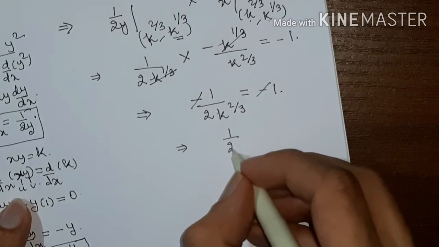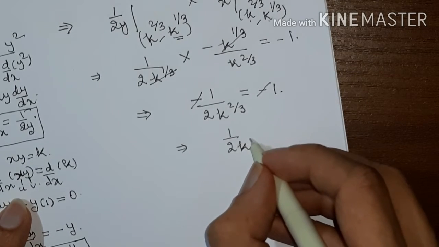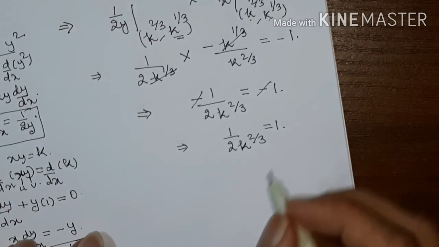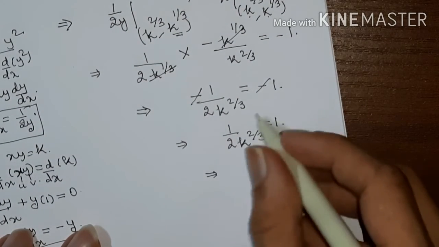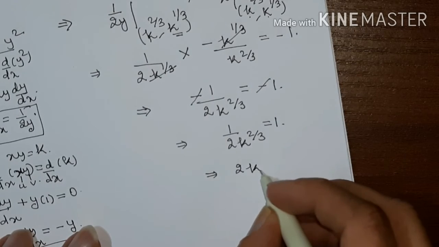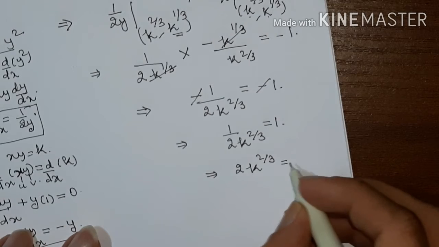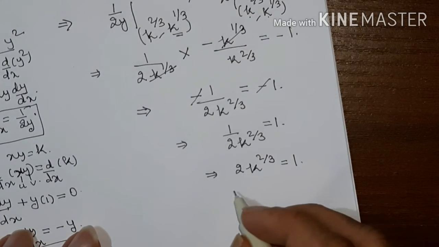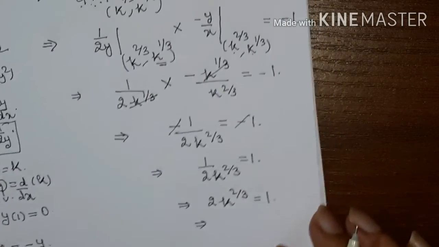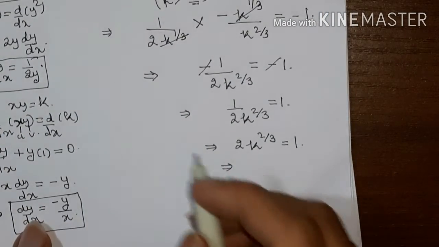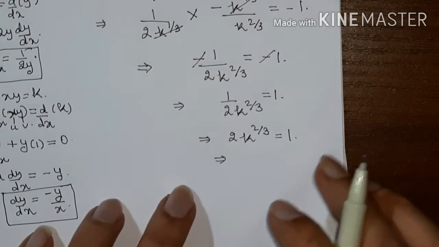You will get 1 by 2 into k raised to 2 by 3 equal to 1. If we take the reciprocal of both sides, we will get 2 k raised to 2 by 3 equal to 1 only. Reciprocal of 1 is 1. Now what we want to get is 8k square equal to 1. That is what we want to prove.